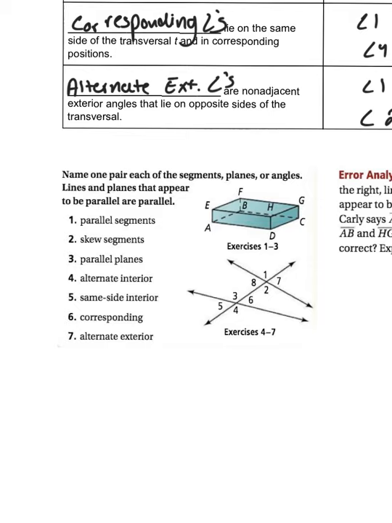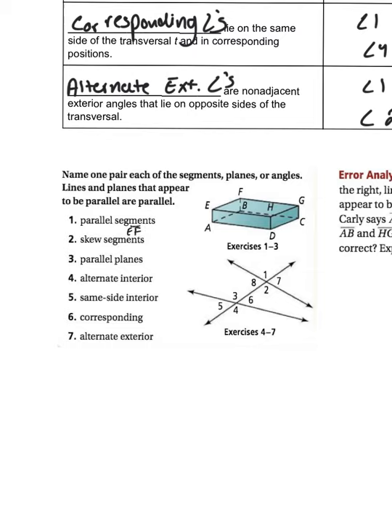Remember, parallel segments do not intersect and they are coplanar. So we have lines EF and HG. I'm going to write that up under, so that we don't write on the diagram.